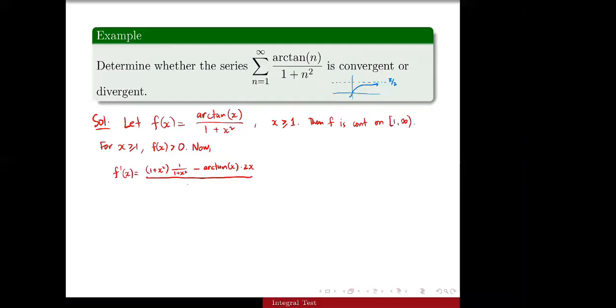All over 1 plus x squared, quantity squared. So in here, we have 1 minus 2x arctan of x all over 1 plus x squared, quantity squared. This is our f prime.